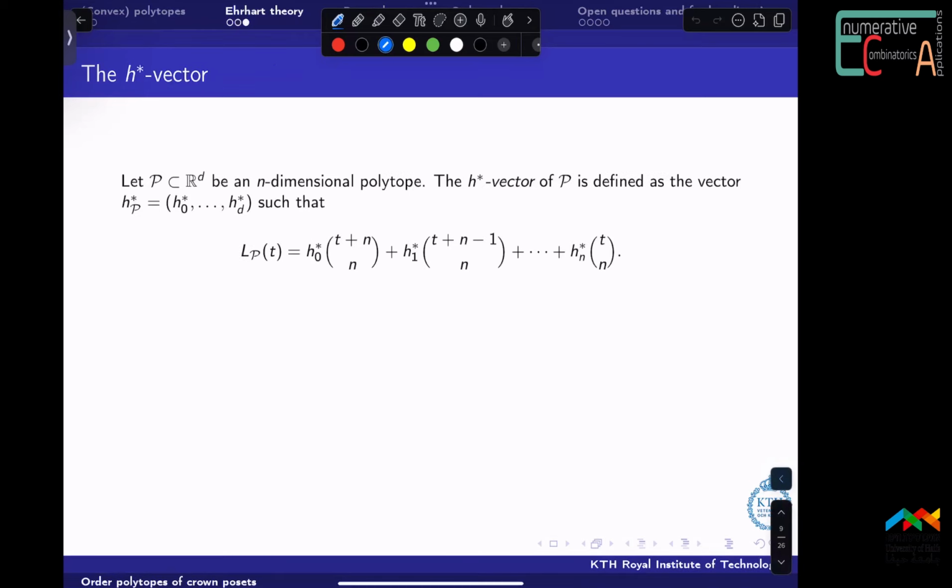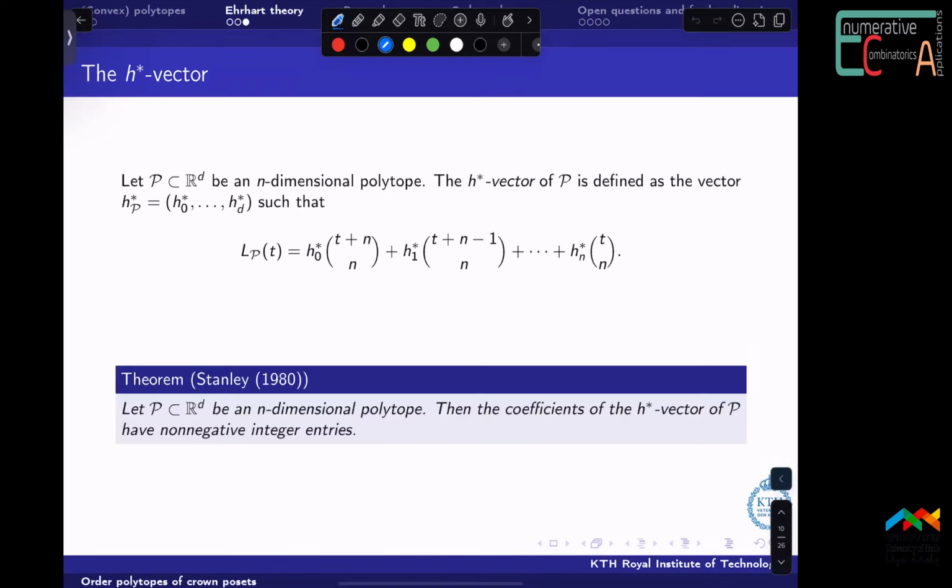We can also change the basis of the Ehrhart polynomial, and then the coefficients of this change of basis are the coefficients of a vector that we call the h-star vector of my polytope. What is cool about the h-star vector is that Stanley showed 45 years ago that the coefficients of the h-star vector are always non-negative integer numbers.